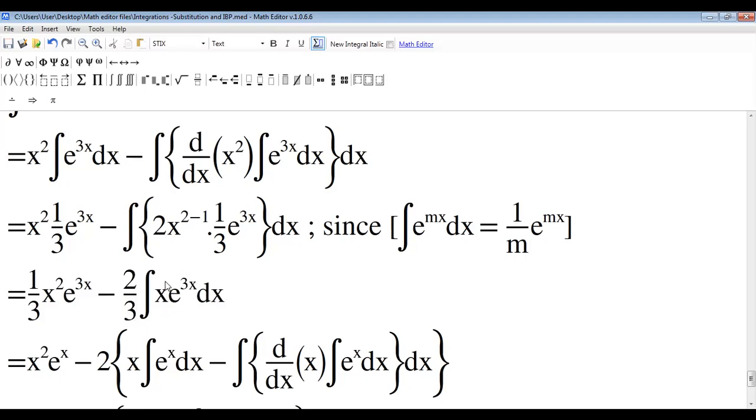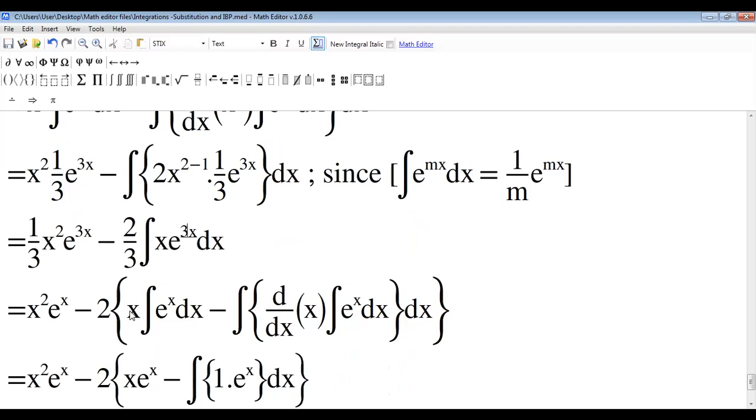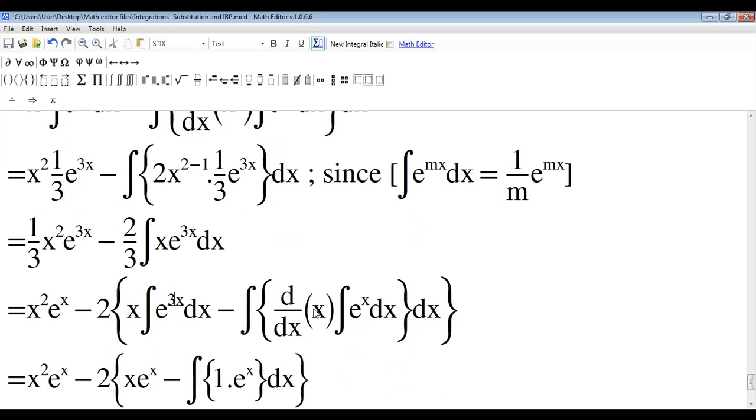So again the UV rule here: u into e to the power 3x, where e to the power 3x will be v and x will be u for this integration.